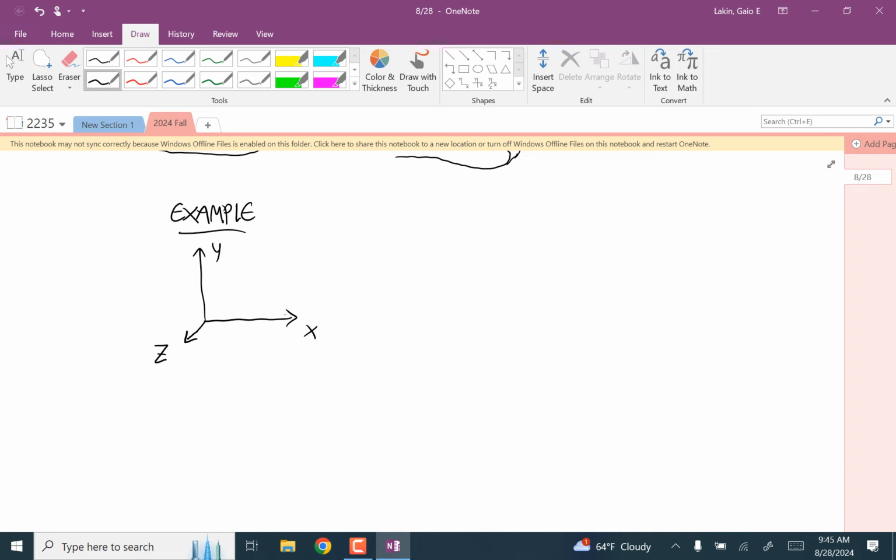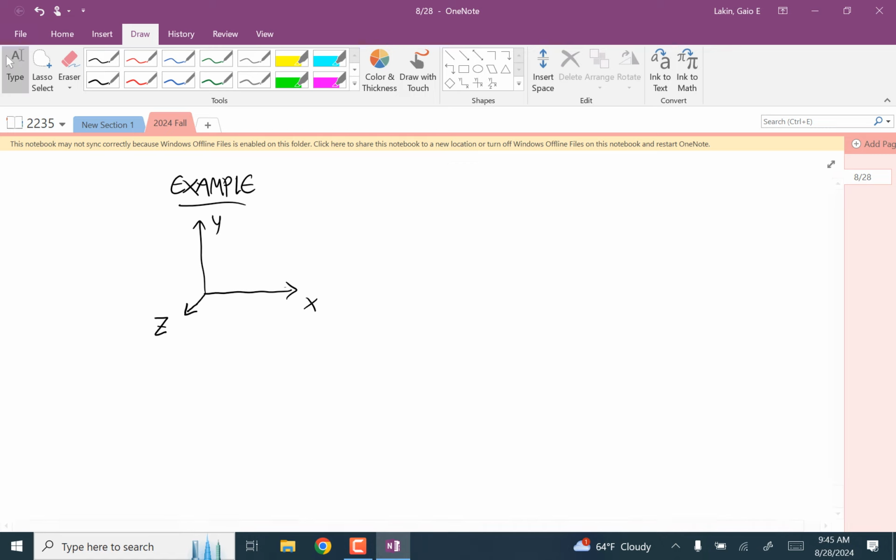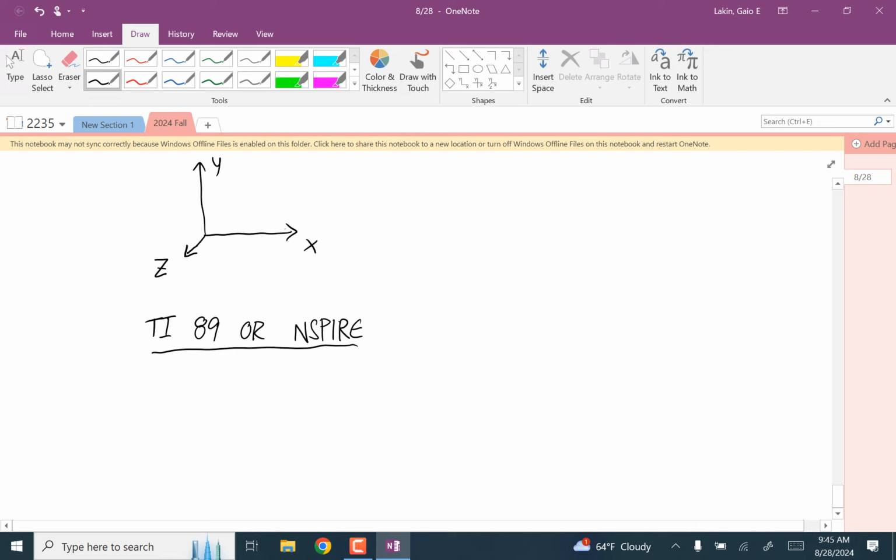In a TI calculator, if you have a TI-89 or an Inspire, there are functions dot and then capital P, and another function cross capital P. And they do dot products and cross products for you.